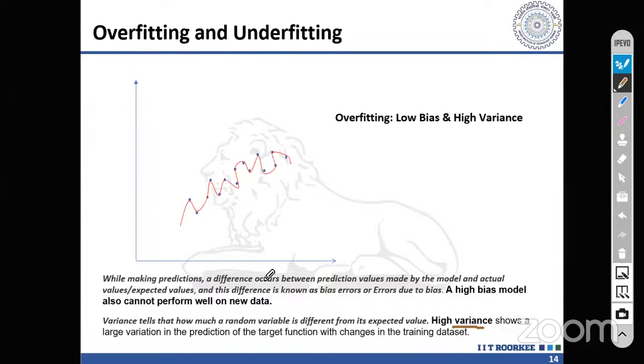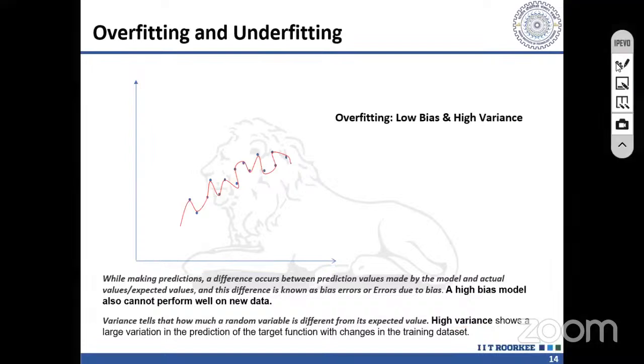High variance means a large variation in the prediction of the target with a change in the training data set. When we replace the training data set with another data set, the error will be large, because with the small data it will not be able to capture. This is the variance and bias.